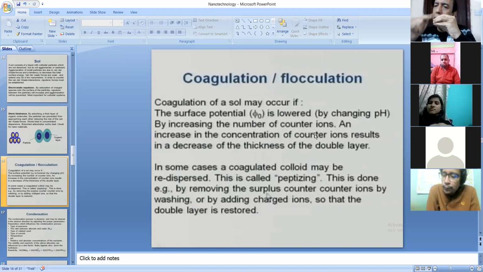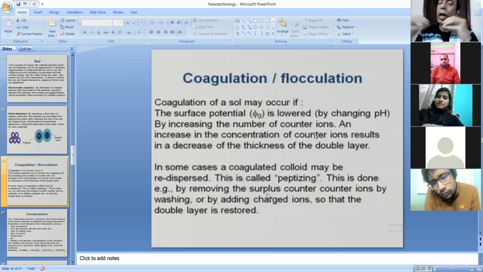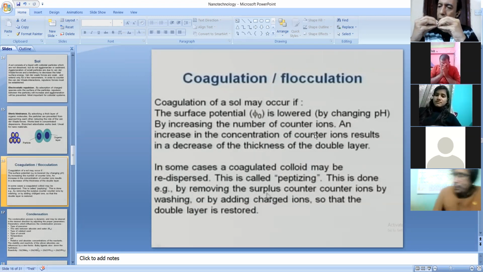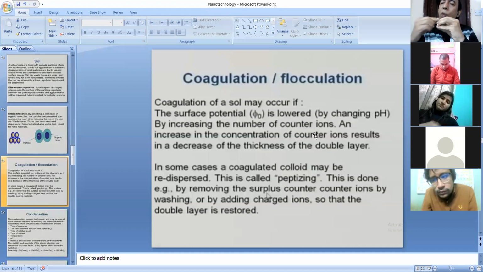So if the surface charge is less, now the salt molecule is free, and it will attract another salt molecule to coagulate, to attach with each other, because there will be less repulsion, because on the surface there is a small amount of positive charge, and here there is a small amount of positive charge.